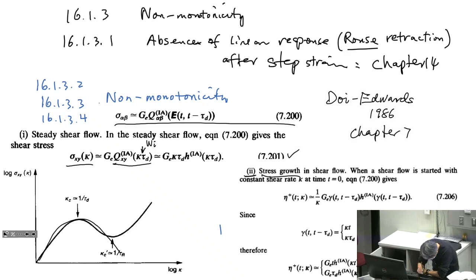I should not confuse you with anything. I know this is highly confusing, even when I look at it. Remember, this non-monotonicity is steady state stress versus shear rate. This has nothing to do with the stress overshoot we see in startup shear, right?